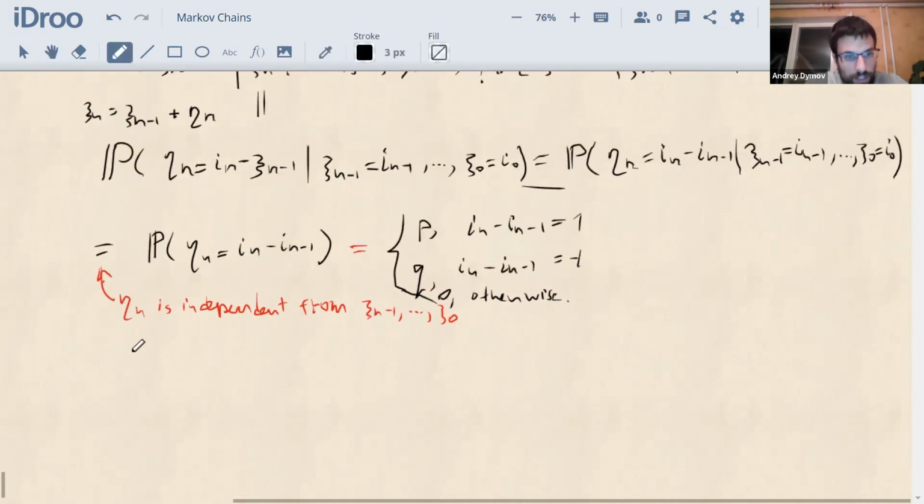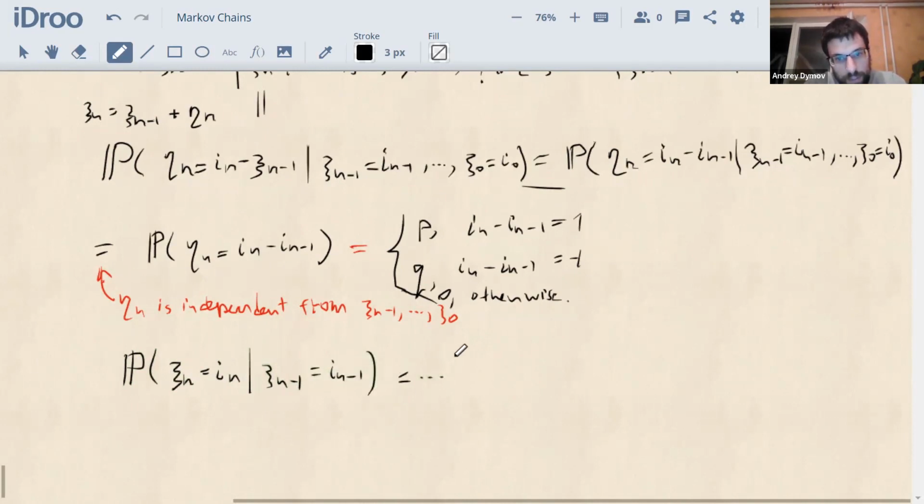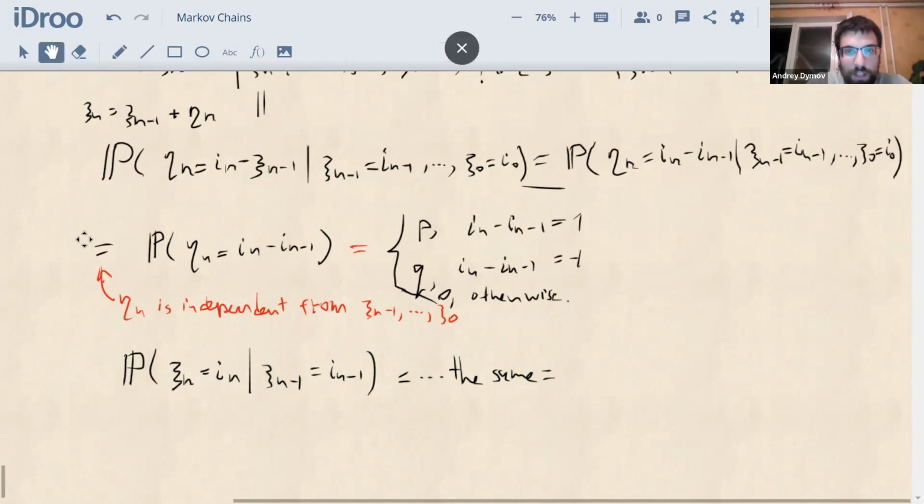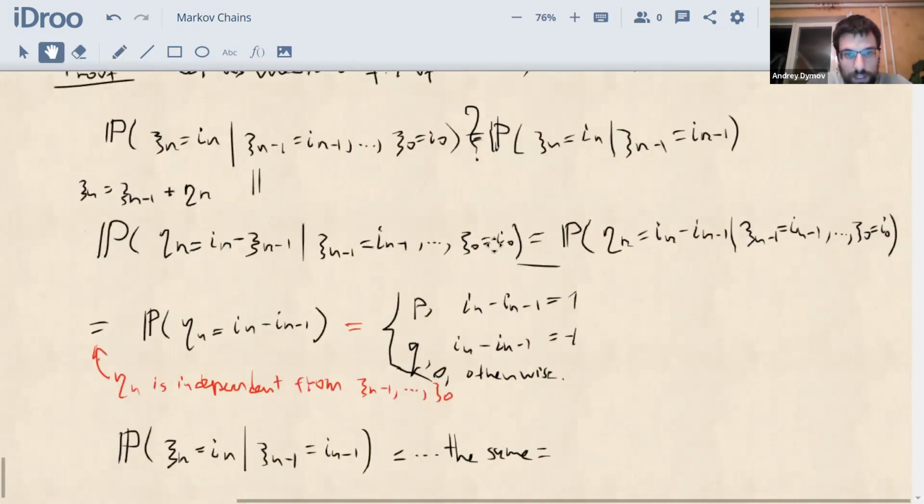Then we write down the second probability, the probability that psi n equals i_n conditioning on the event that psi n minus 1 equals i_n minus 1. And we do exactly the same argument. Look, in this argument, actually, I never used this tail. I used only that psi n minus 1 equals i_n minus 1.